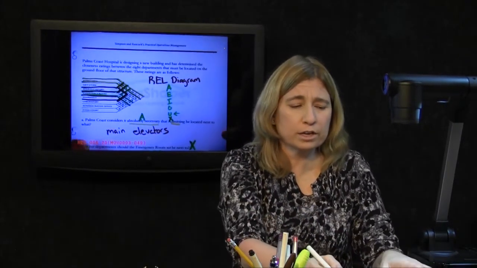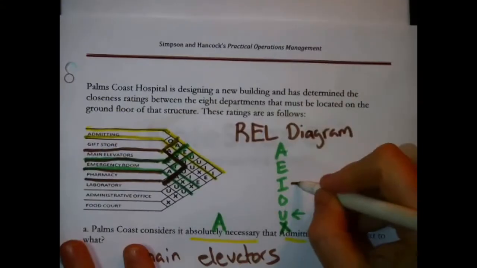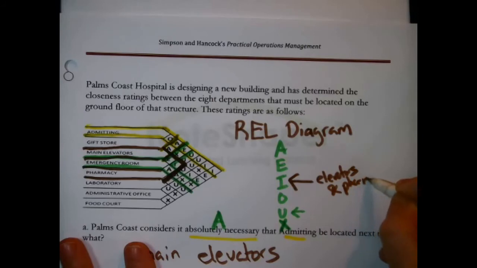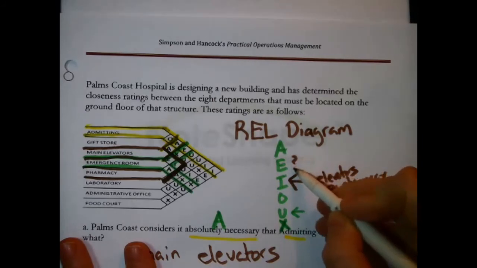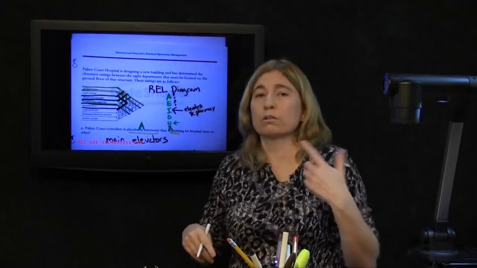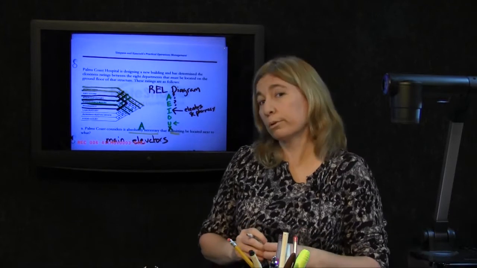The question is asking, what other departments would have been more important? Now, we want to locate that. So that's elevators and pharmacy. And we want to see for the main elevators, are there any E's or any A's? Because that's indicating other relationships that are more important.